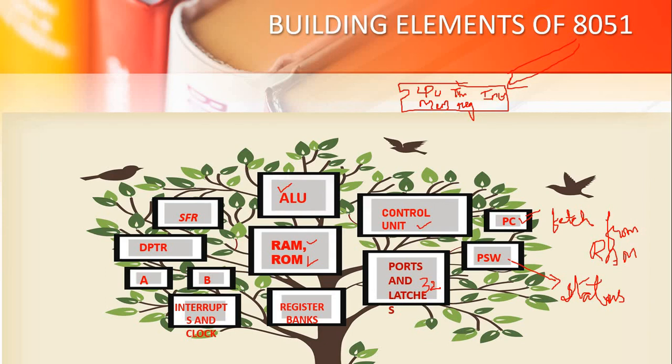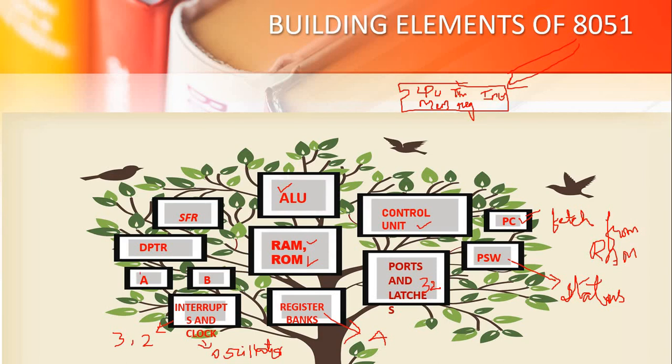Here we have 4 register banks. For interrupts and clock, we have 3 internal interrupts and 2 external interrupts, and an oscillator clock circuit. We use this oscillator clock circuit to produce stable frequencies.